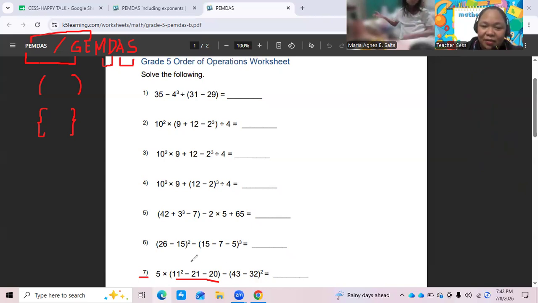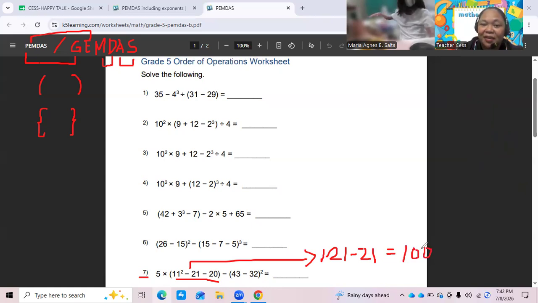Let's write the value of that number. 121 minus 21. What will be the answer? 100, right? Minus 20, because we have minus 20 again.